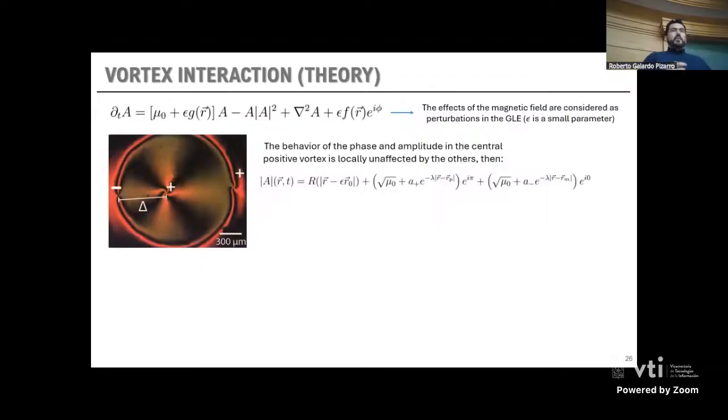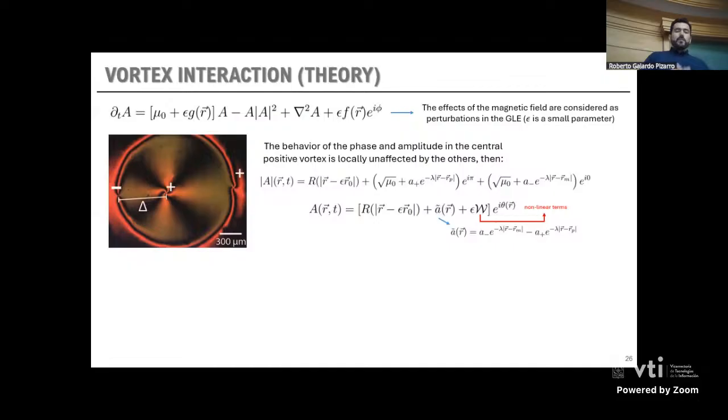We also use as approximation that the two vortexes in the edge are far enough to not affect directly the amplitude of the order parameter of the vortex in the center, and then we can build an ansatz for this order parameter to understand if the separation distance of this vortex has the same transition.